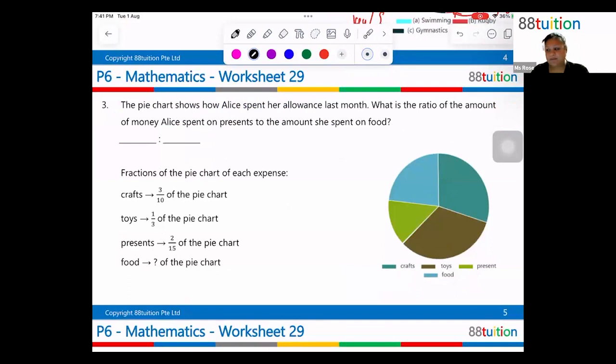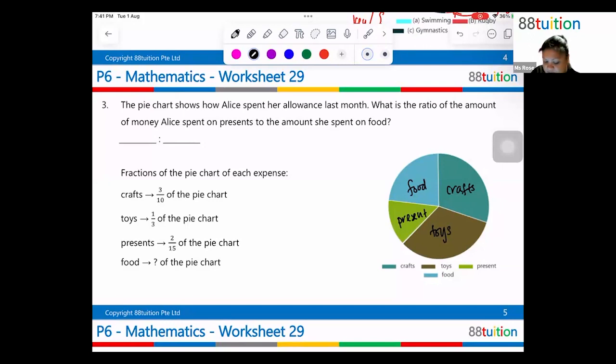Most of the time, the items are given in the pie chart itself. So you have crafts, presents, food, and toys. Okay, so you have all these.